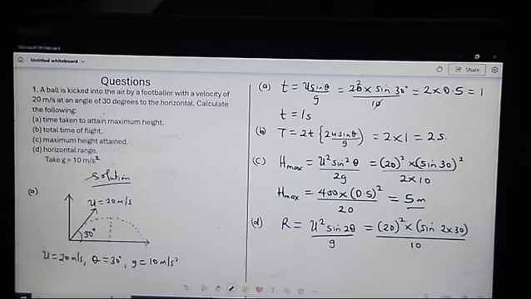So when this is simplified further, we have the range equal to 400 times sine 60 divided by 10. That eventually gives us 34.64 meters. The answer is given to 2 decimal places.